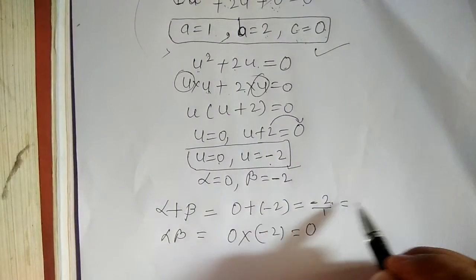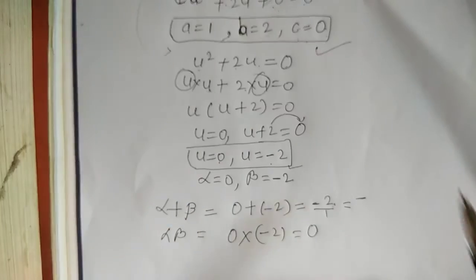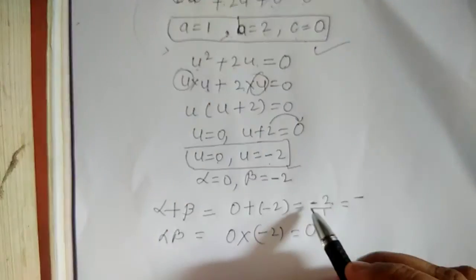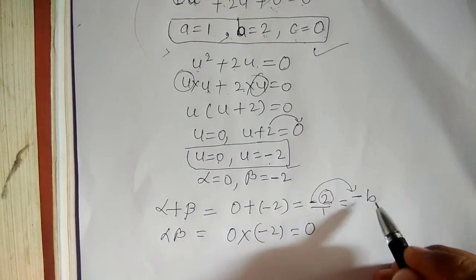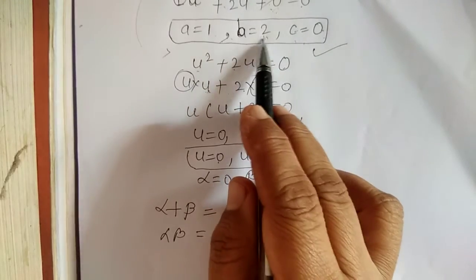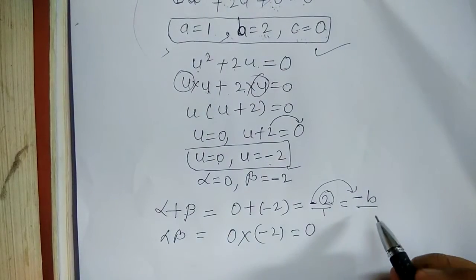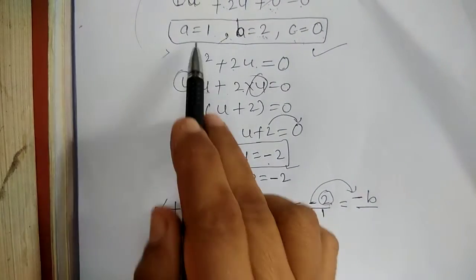This minus sign is here and the coefficient 2 is the value of b. So this minus sign I have written here, and 2 is nothing but the value of b. See here, observe, the value of b is 2 upon 1, and 1 is the value of a.